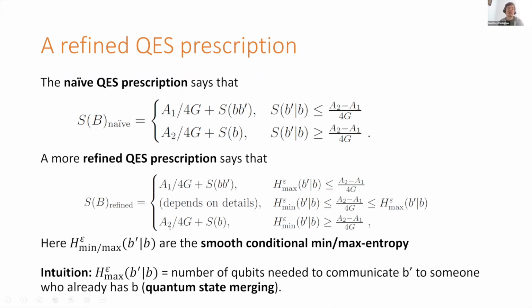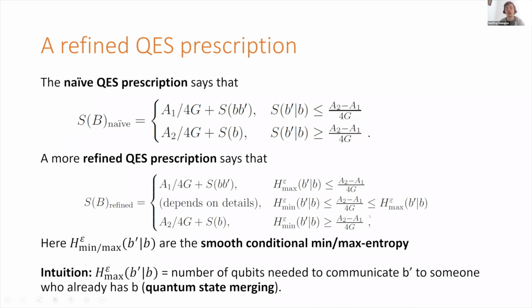So this is like the region big B already knows everything on little b. The question whether it can find out the stuff on little b prime comes down to whether the amount of information needed to communicate that part of the state is less than the difference between the areas of the two surfaces.